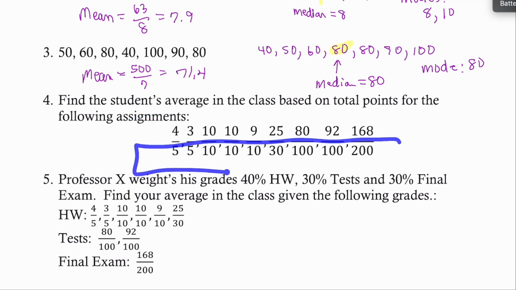We're going to add up how many points were possible. We're going to divide those to find our average in the class. So if we add how many points we have received, you will see that we had 401 points.